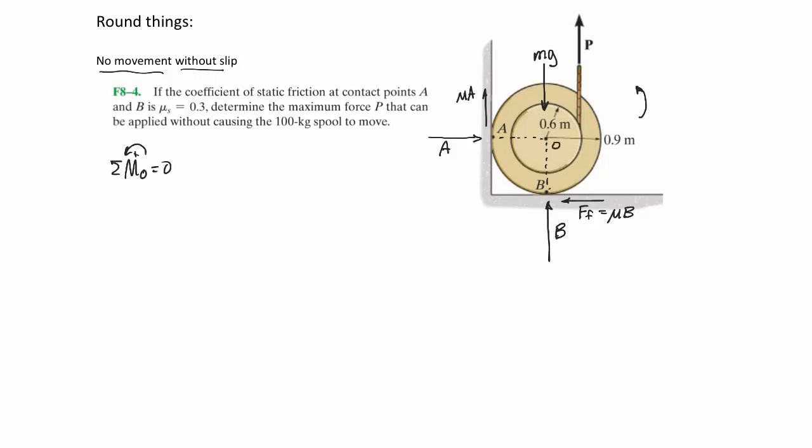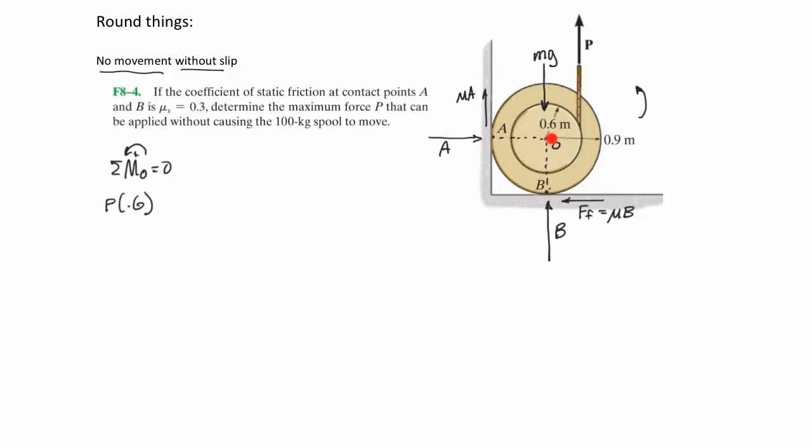O I'm calling the center there, the middle. So here I have P times 0.6. Let's just look at the lever arms. P coming up, it has this lever arm. It's trying to go in the counterclockwise, so that's positive direction.